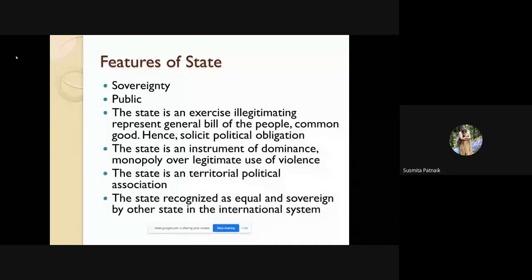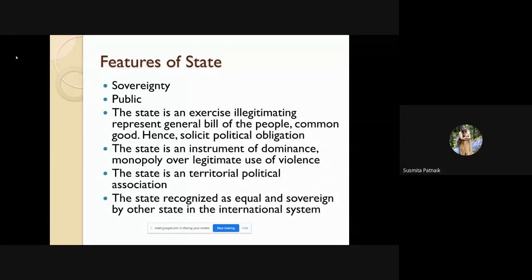No one can challenge the order of the state. Whatever the state declares has the final authority, like the order of God. So the first characteristic the state should possess is sovereignty.